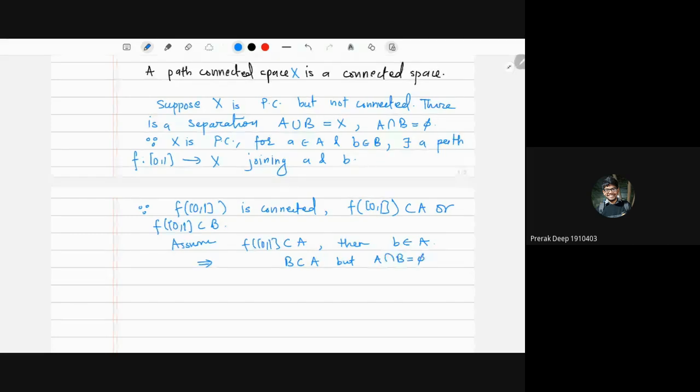So this implies that B is empty and A is the whole space X.